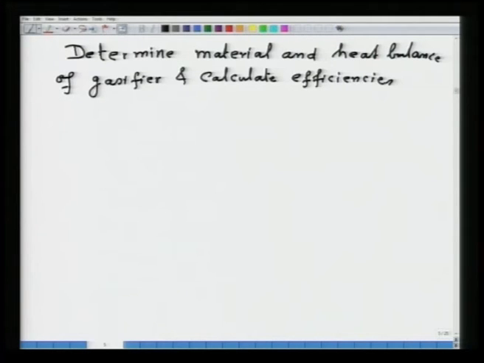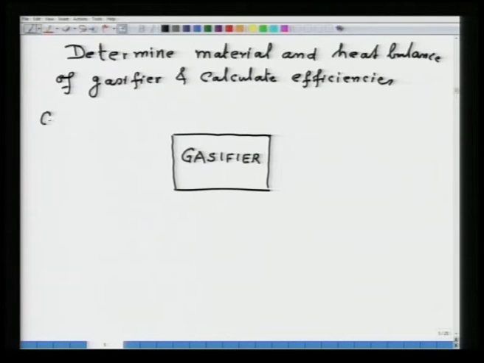Various data that I am giving over here are in the form of a material balance. So, let us take this gasifier, to which the coal is supplied, and the composition of coal: carbon, hydrogen, oxygen, nitrogen, H2O and ash.